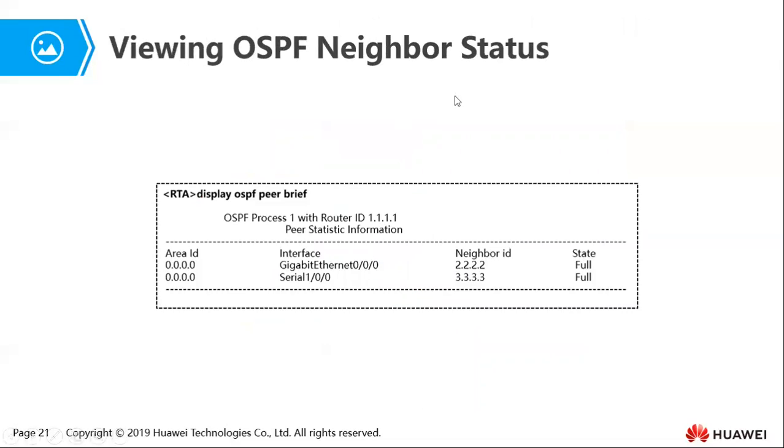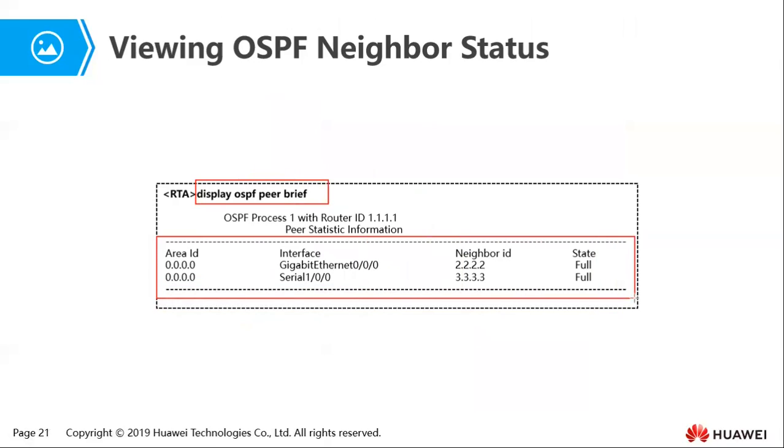After you've configured OSPF, you can always use the command display OSPF peer brief to see your neighbors. For example, RTA has these two neighbors. You can also see the state; full state means they are in full adjacency.